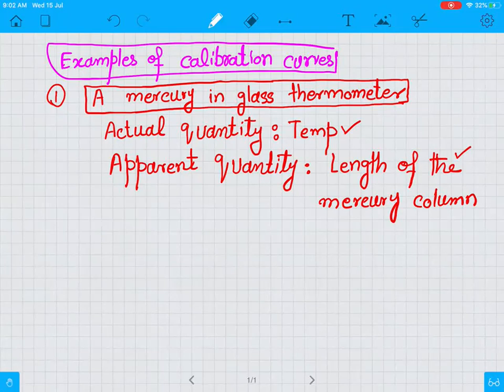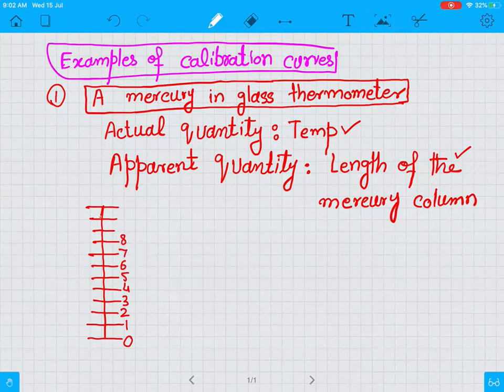Now, different designs of thermometers could be discussed. First of all, let's suppose we have this design with uniform divisions. It has uniform sensitivity. Size of divisions is uniform throughout. So 0, 1, 2, 3, 4, 5, 6, 7, 8.